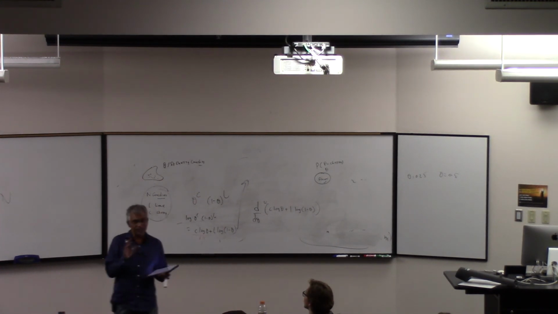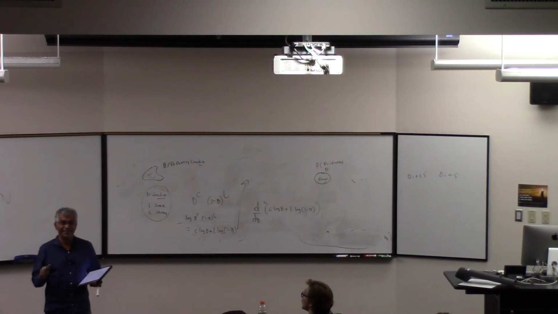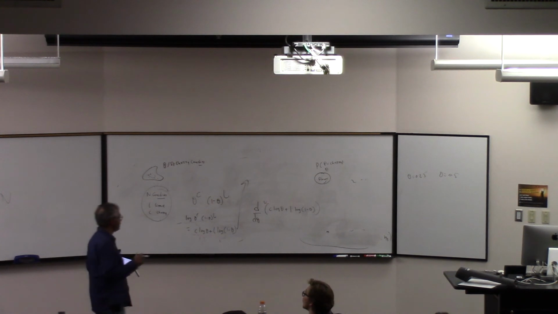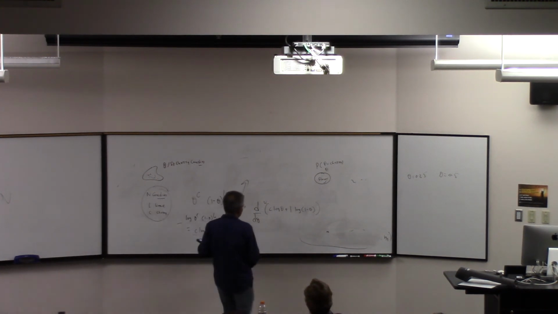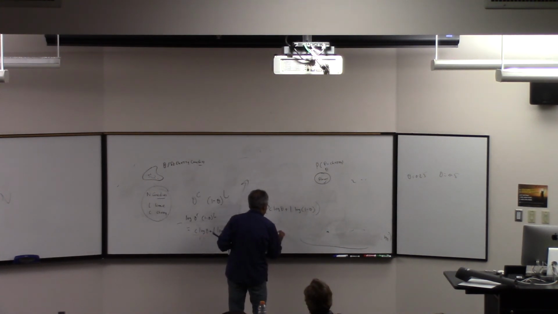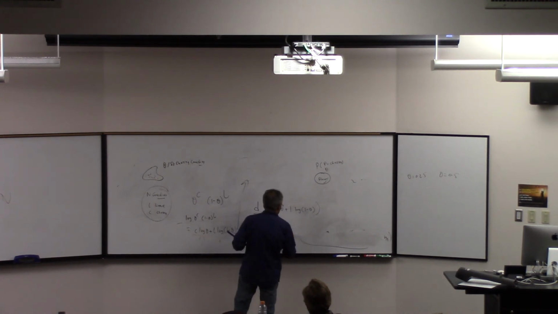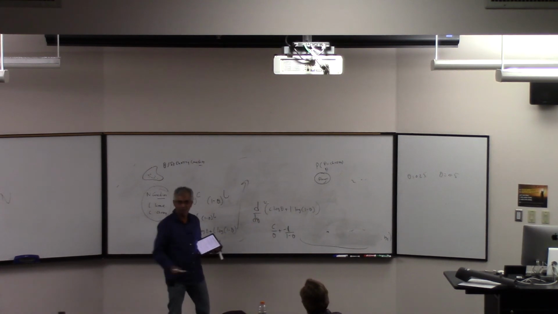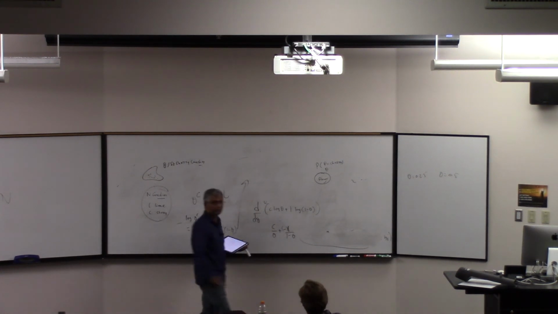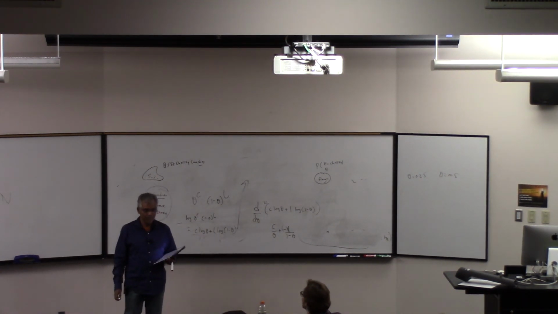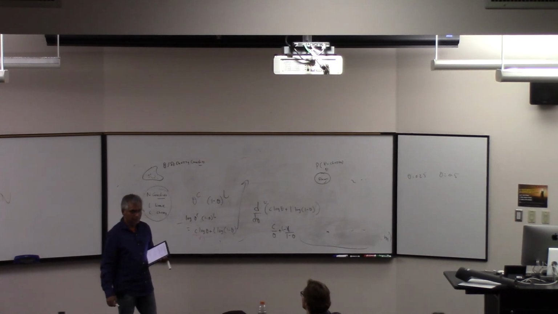But it turns out for this particular case, you can solve it analytically. If you do this, essentially it will be C by theta plus L by (1 minus theta), and then there is a minus because of the minus theta, equal to 0.